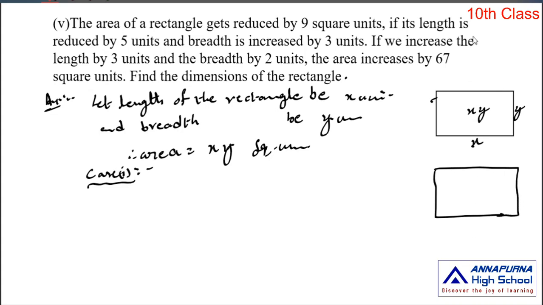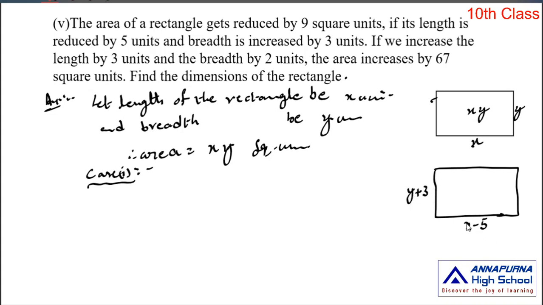If length is reduced by 5 units, and the original length is x units, then your new length is x minus 5 units. Breadth is increased by 3 units. The original breadth is y units, so if you increase it by 3 units, the new breadth is y plus 3.